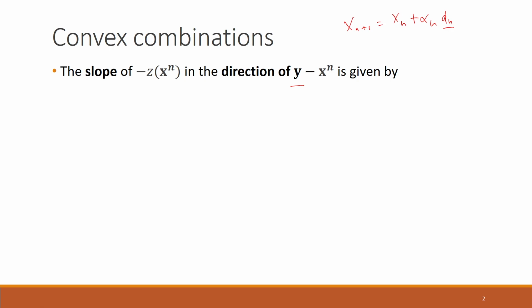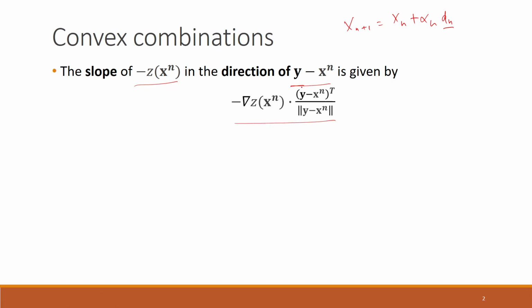Now, since we are interested in the reduction of this function z(x), and we are moving in this direction y minus xn, the slope of minus z at xn in this direction y minus xn will be given by this dot product here.